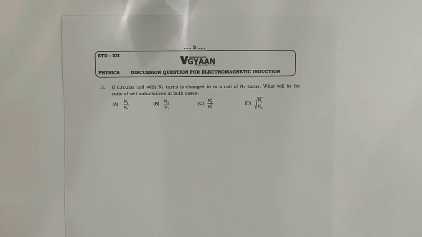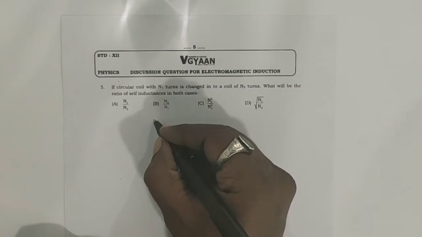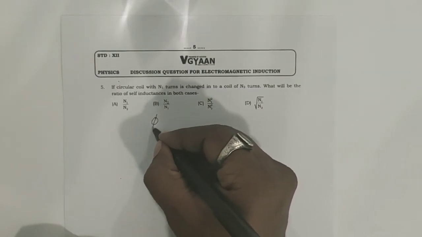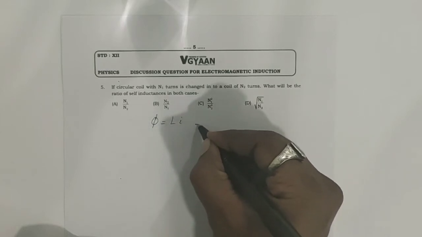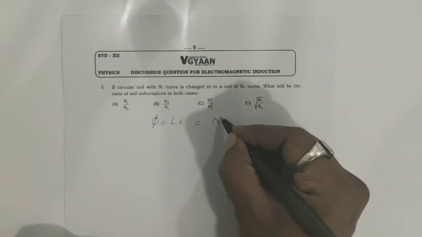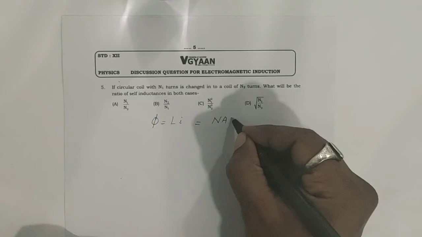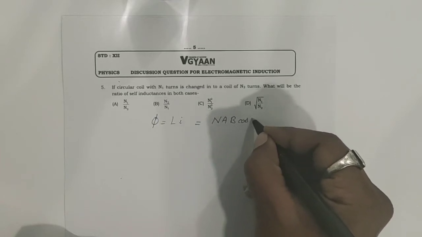Question number 5. If a circular coil of N1 turns is changed into a coil of N2 turns, what will be the ratio of self-inductance in both cases? Now, if you talk about the coefficient of self-inductance, if I compare this with the flux associated with the coil, we have flux is equal to L into I. The flux with respect to any coil is given by the formula NAB cos theta.